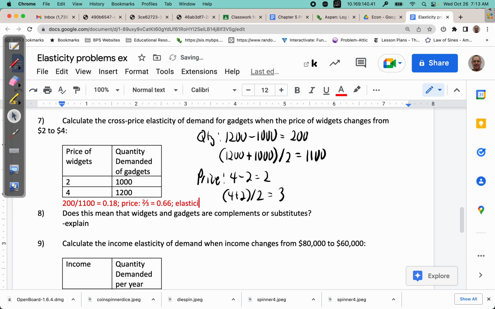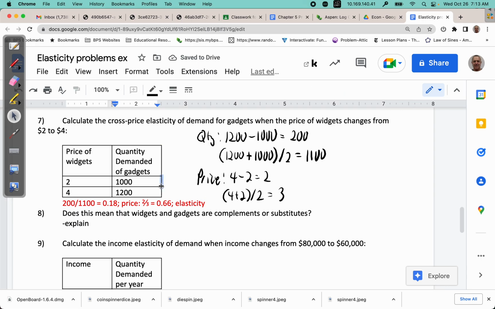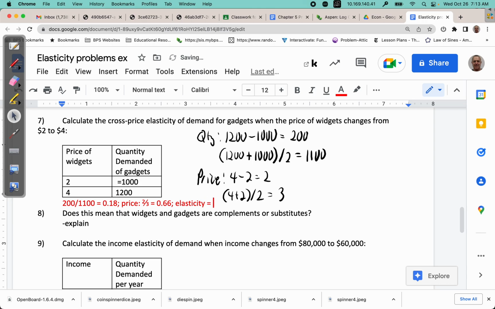My cross price elasticity of demand for gadgets and widgets equals 0.18 divided by 0.66, which is 0.27.